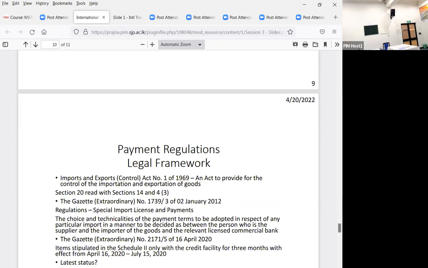So what he says is, from today onwards, probably he may amend this gazette notification to do away with this open account business for importation, not for export.